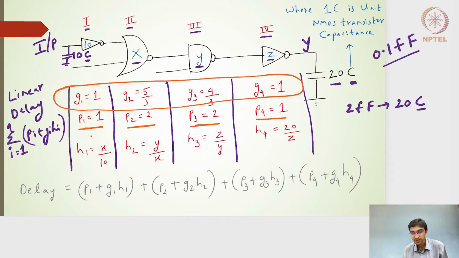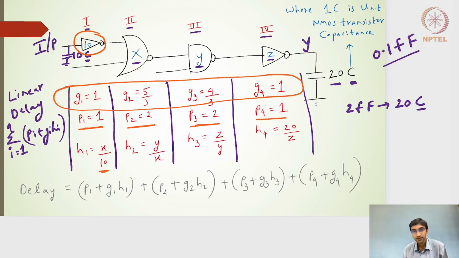Finally, the electrical effort for the individual stages. As per the definition, it is the capacitance the stage drives divided by its own input capacitance. For the first stage, it is the input capacitance of the second stage, X into C, divided by its own input capacitance, 10 into C, so it will be X by 10.